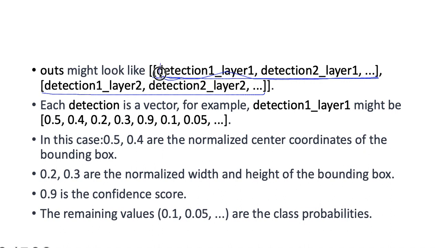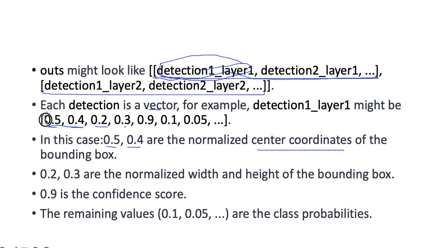Now, how does this detection look? This detection is actually a vector, which might look like this: 0.5, 0.4, 0.2, 0.3. What are these values? In this particular case, 0.5 and 0.4 are the center coordinates of the bounding box, the x coordinate and y coordinate of the center point of the bounding box or the rectangle.